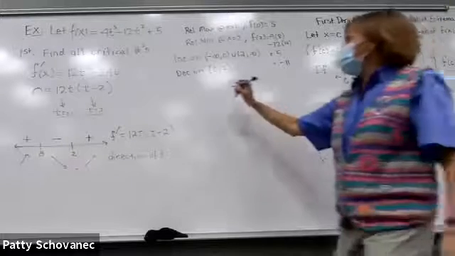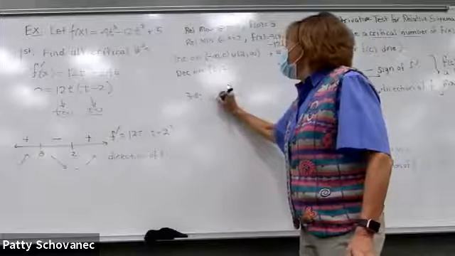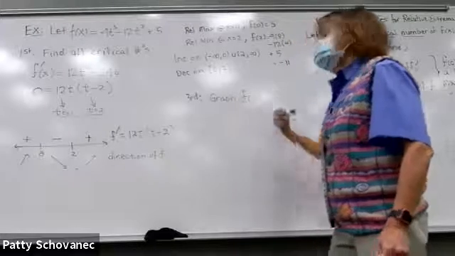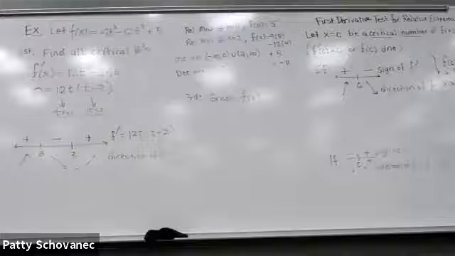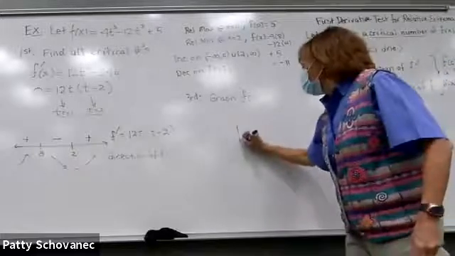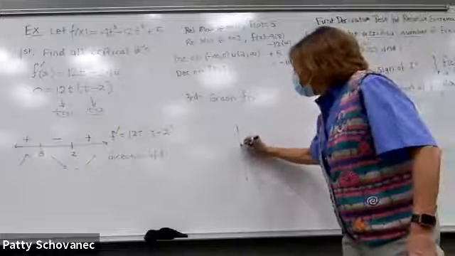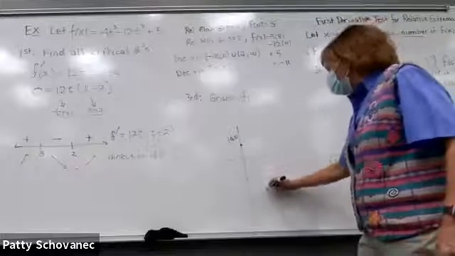So now let's sketch a quick graph. I've got those two ordered pairs, 0, 5, and 2, negative 11. The rest of the graph follows the arrows that I have on that number line. So let's plot those ordered pairs. 0, 5, I'll put here. 2, negative 11, I'll put right there.